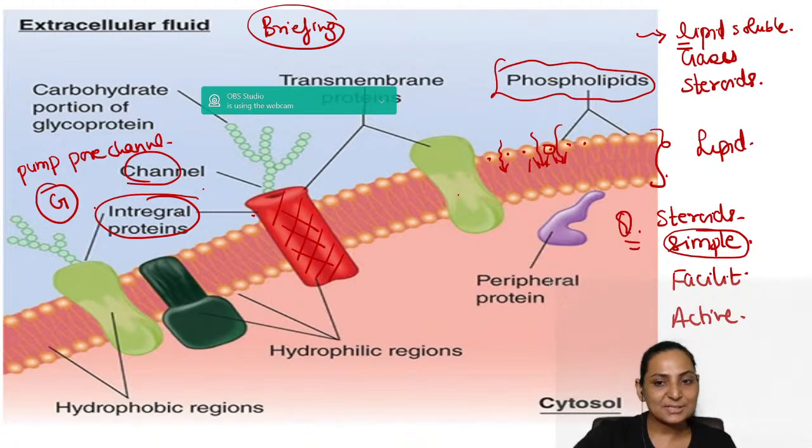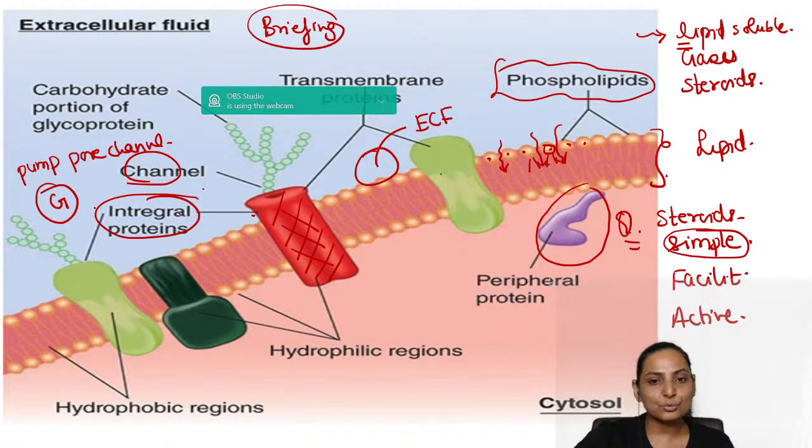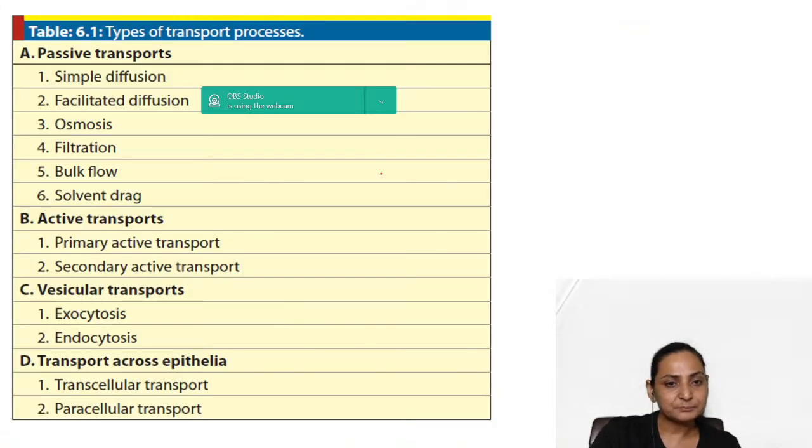Whereas you have peripheral proteins which can be attached on the cytosol side, and the peripheral proteins can also be attached extracellularly, right? So those which pass through and through are the integral proteins. Those which are attached either on the cytosol side or on the cell surface are your peripheral proteins, right?